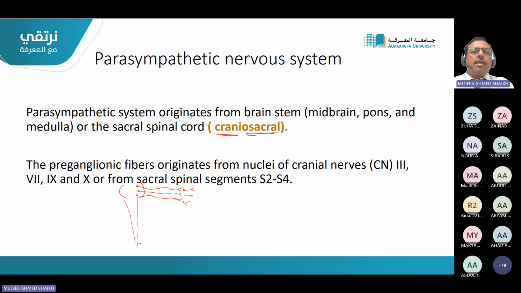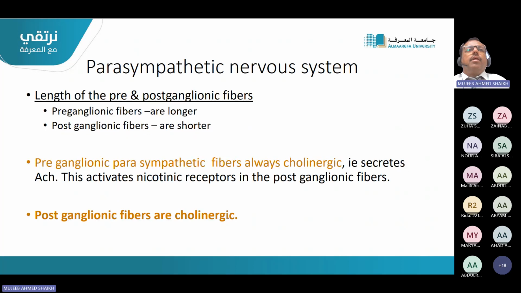Similarly, from the sacral segment also, they will come out. So craniosacral outflow. So here it is showing that preganglionic fibers are longer, postganglionic fibers are shorter.